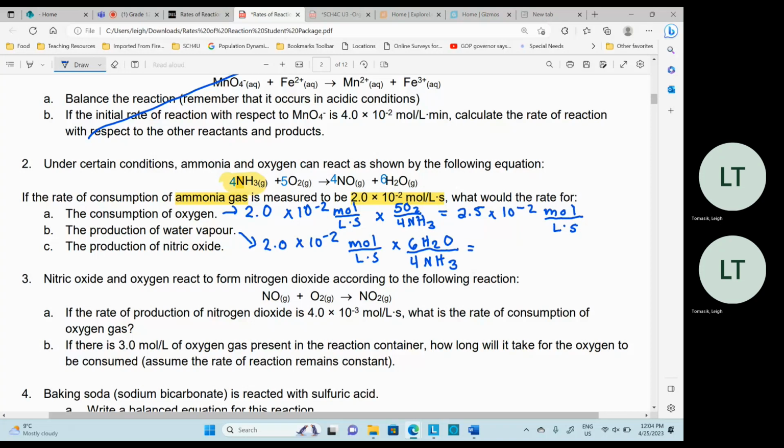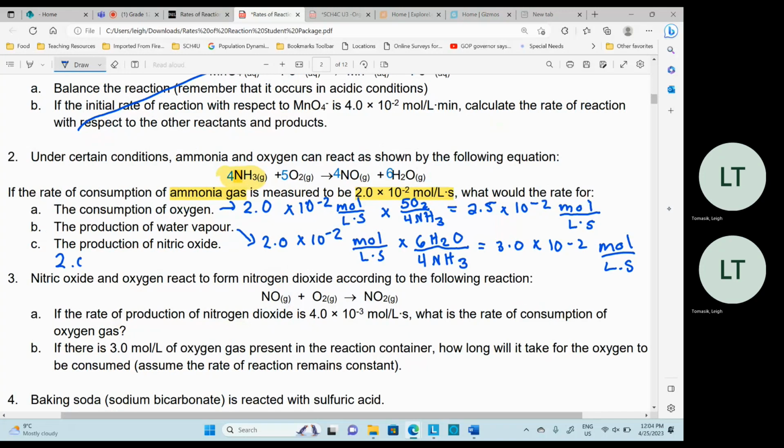So this will be 3.0 times 10 to the negative 2 moles per liter second. And then this last one, nitric oxide, has the same coefficient as ammonia in this equation. So we actually don't have to do any math at all. If they have the same coefficient, they're going to appear and disappear at the same rate. So this will be 2.0 times 10 to the negative 2 moles per liter second.